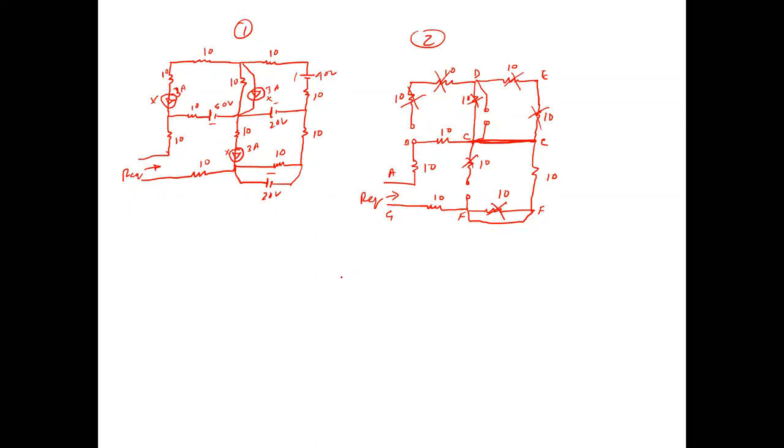So now our final circuit, this is the 10, this 10 to this 10 to this 10, this A and this the G. Okay, now this 10, 10, 10 and 10. So all are series. So our final circuit resistance A to G equal to 40 ohm.